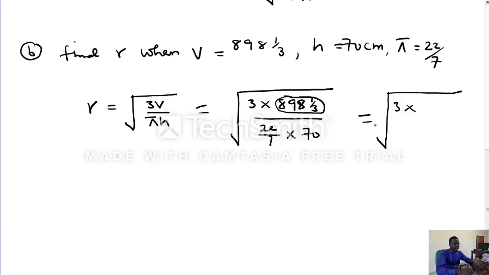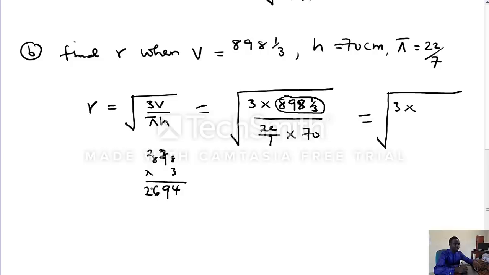I'm going to multiply 898 by 3 plus 1. 898 times 3: 8 times 3 is 24, write down 4, carry 2. 3 times 9 is 27, plus 2 is 29, write down 9 and carry 2. 3 times 8 is 24, plus 2 is 26.